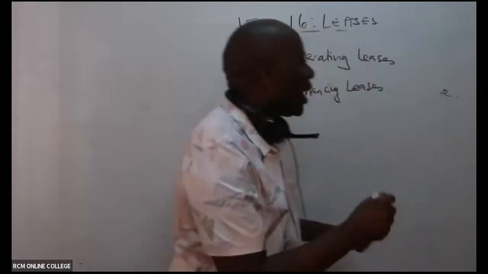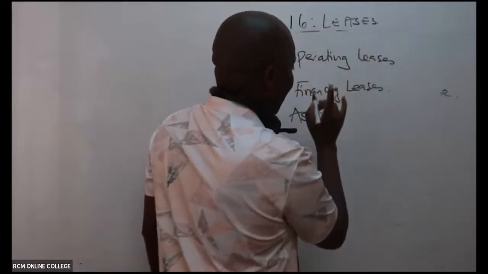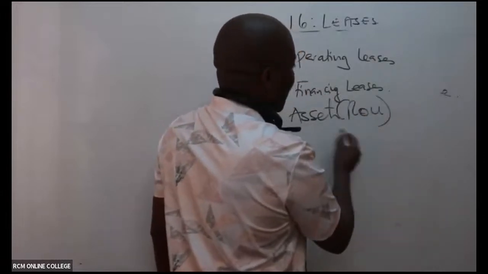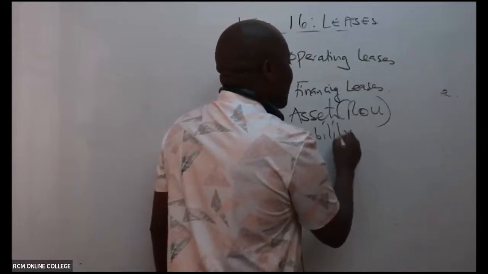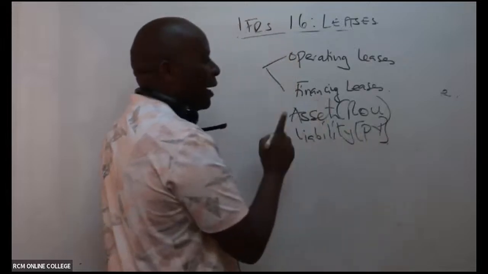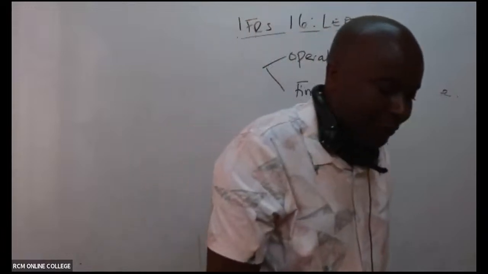So two things: once I sign the lease, number one, I'll be booking an asset under the name ROU, right of use, and number two, I'll be booking a liability, and as we shall be seeing, we shall be booking what we call present value of lease liability. Present value of lease liability, very, very important.